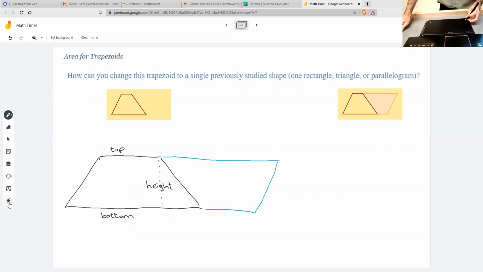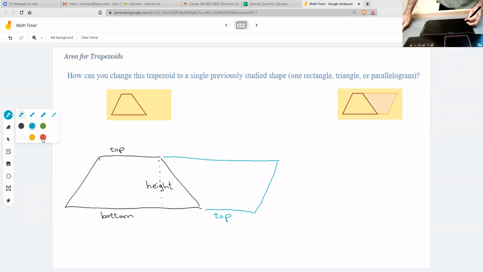So how big is this entire trapezoid? Not trapezoid, parallelogram. So how long is this bottom? This part I've labeled bottom. What's this length? That's top. That's the top of the photocopy, right?